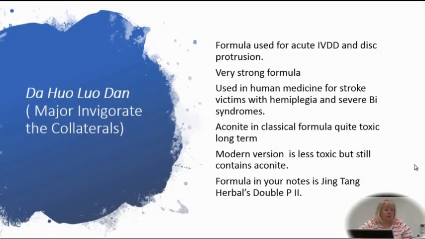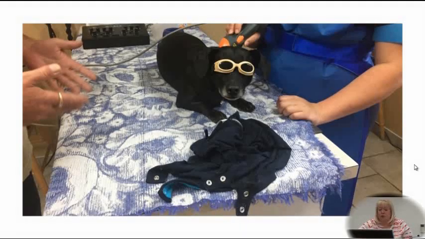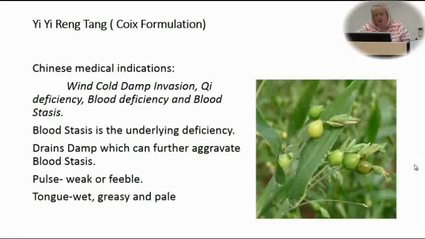So Yi Ren Tang, which is koi formula, is another one that I have used in my patients. These are the Chinese medical indications: wind, cold, damp invasion, qi deficiency, blood deficiency, and blood stasis. So when we have blood stasis as the underlying deficiency, and I need to drain the damp, I'm going to use koi formula.